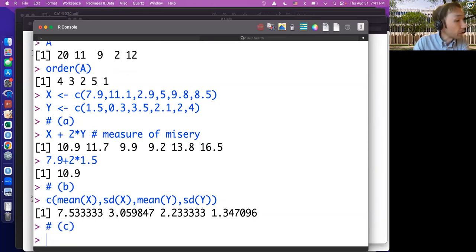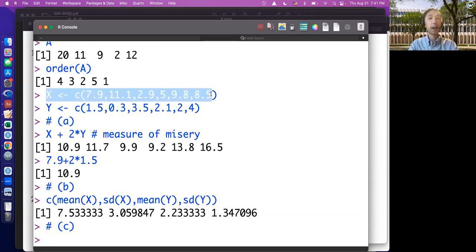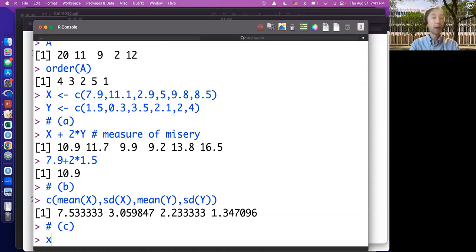And C, we want to get standard deviation without using the SD and variance functions. So we focus on just unemployment rate X, and X sub i minus X bar is at first the quantity we want to get.